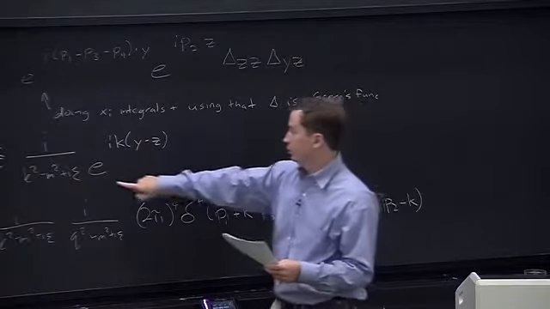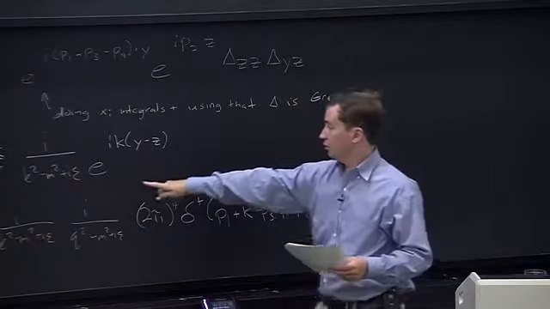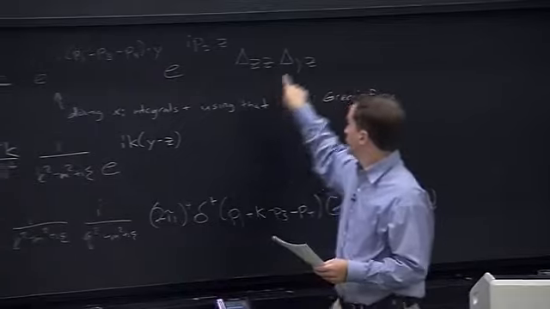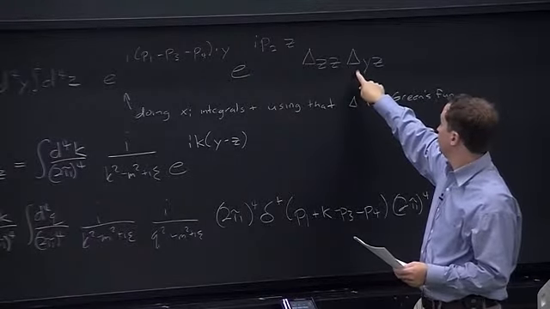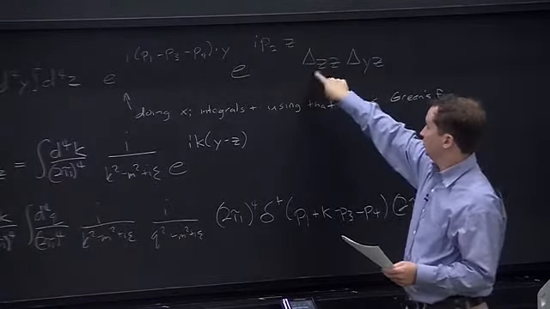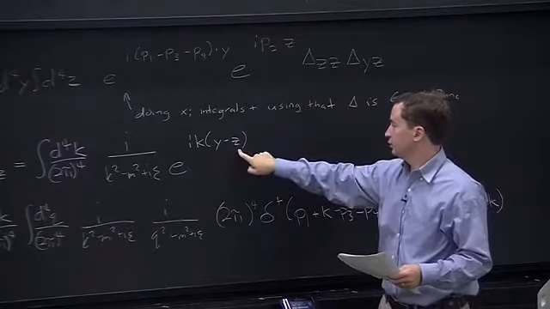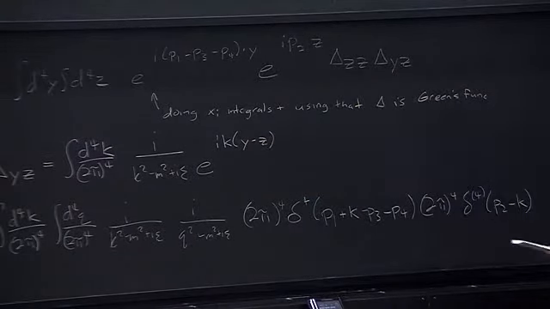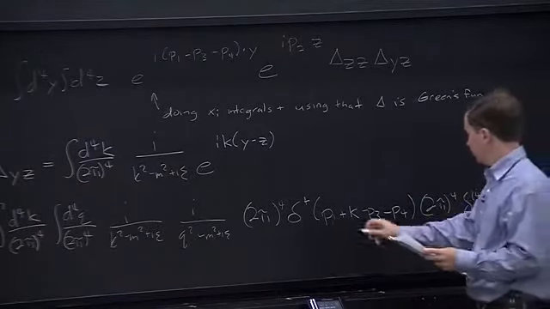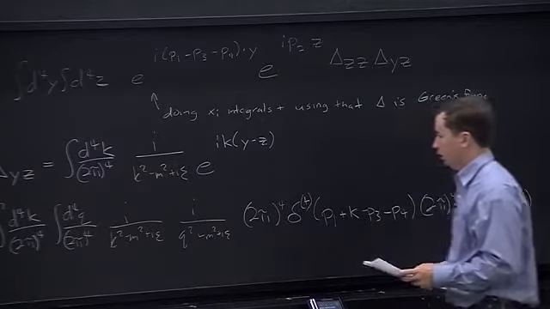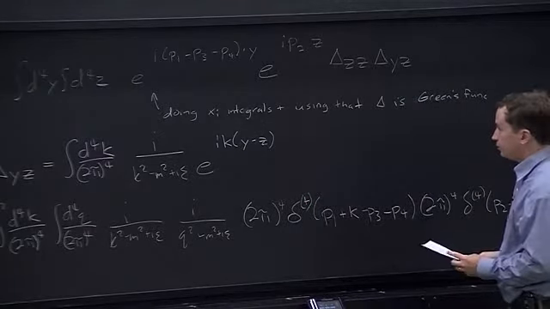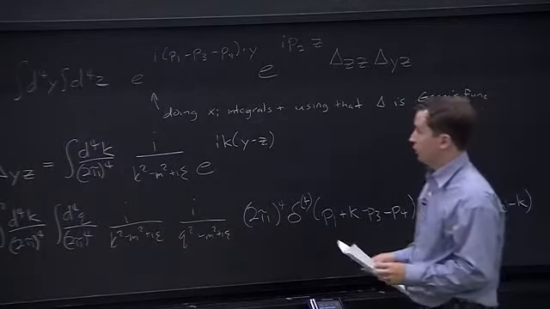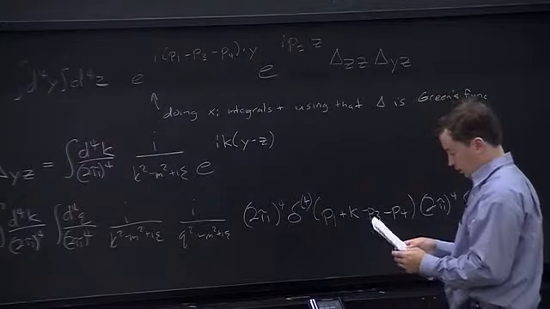That just comes from this exponential factor when we plug in for the Feynman propagator delta yz. And delta zz doesn't contribute a factor because it's z minus z in the exponent. This is what we get from doing the y and z integrals.